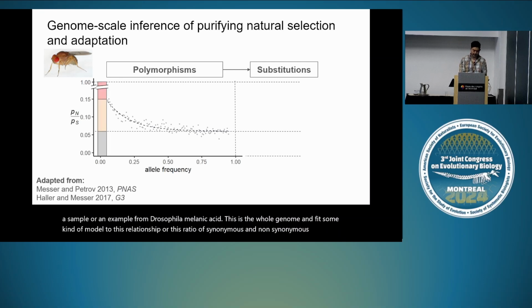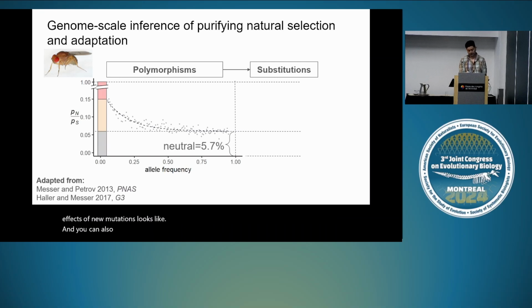And from that, you can try to estimate what the DFE, or the distribution of fitness effects of new mutations, looks like. You can also estimate more general things like the proportion of neutral new mutations or, conversely, the constraint on new mutations.